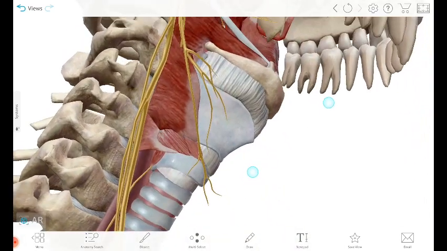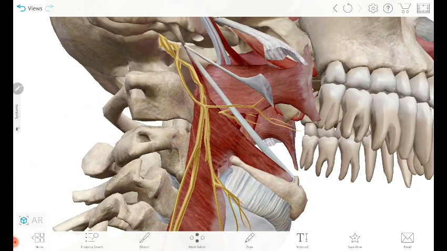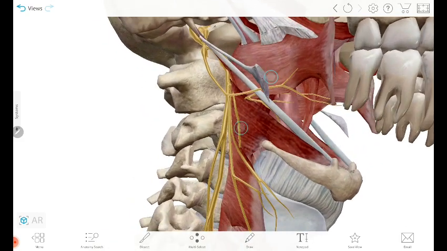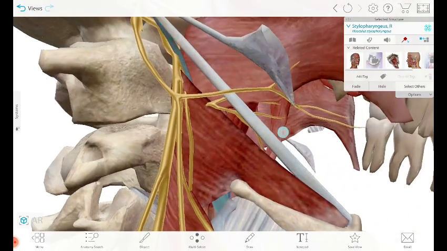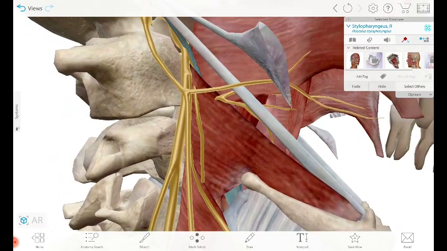Now we will see structures which pass between the superior constrictor and the middle constrictor. So we can see one muscle passing between the superior constrictor and the middle constrictor. If I rotate the model, you can see this muscle stylopharyngeus passing between the superior constrictor and the middle constrictor.